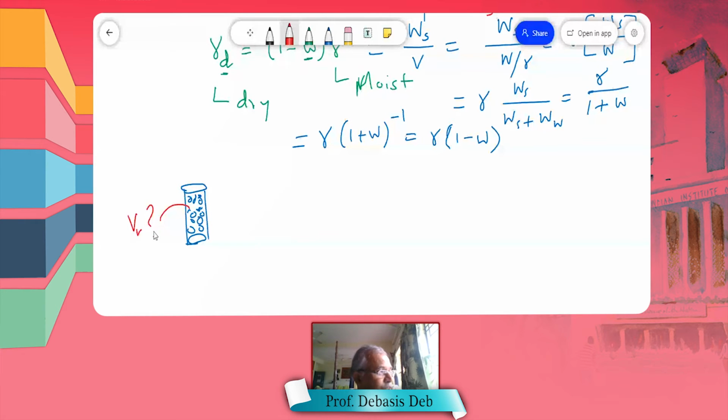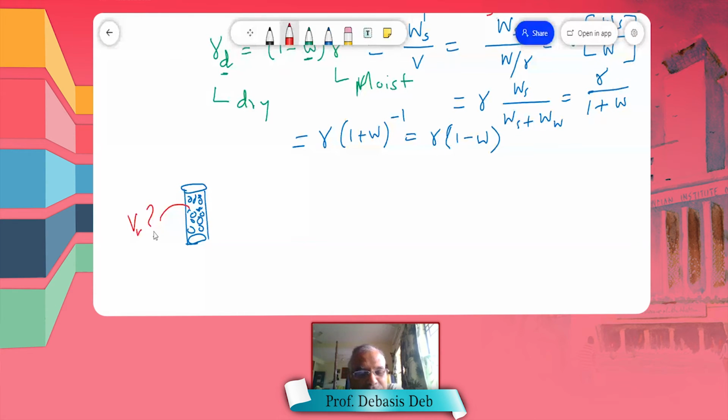Okay. So what he is saying, if everybody has listened to him, he will first weigh that sample because that weight will be required. And then he will submerge it in water for some period of time. And he expects that in all the pore spaces the water will get in. And then he will take that sample out from the water.